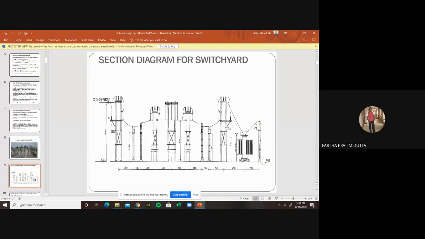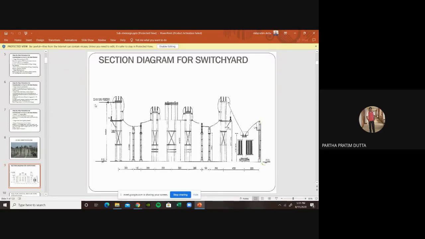Okay. Now you see it is a standard diagram of the 33 kV switch yard, and it is a cross-sectional view. You see there is a 33 kV feeder, it is not an outgoing feeder, it is rather an incoming feeder.